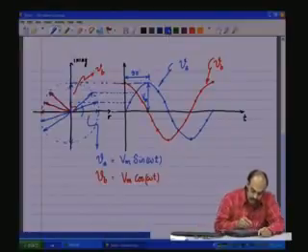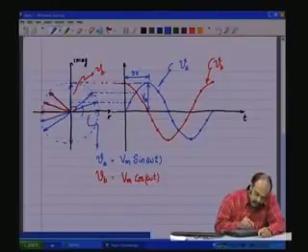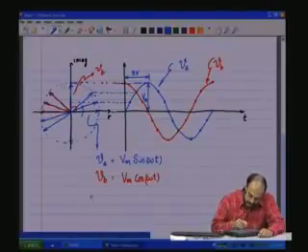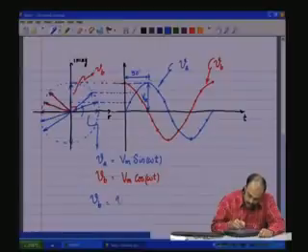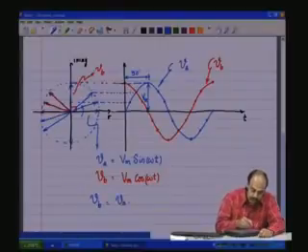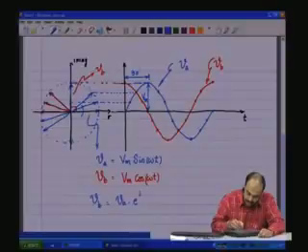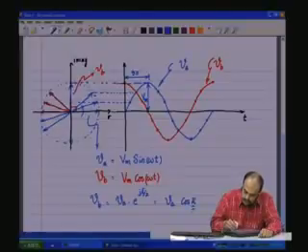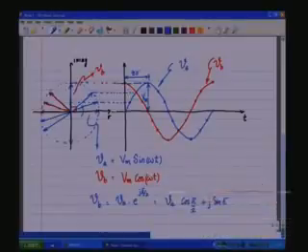Or we could also say that at every instant of time the VA space vector and VB space vector are phase shifted by 90 degrees. So, you could also write VB is VA into a phase shift of 90 degrees, e to the power of j pi by 2, 90 degrees, which is equal to VA cos pi by 2 plus j sin pi by 2.